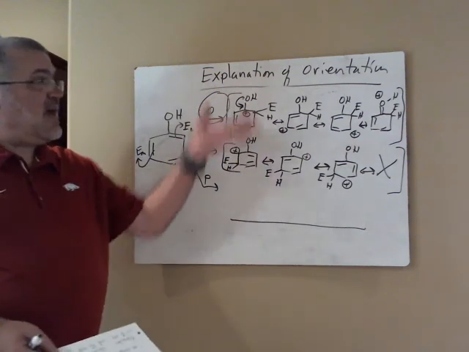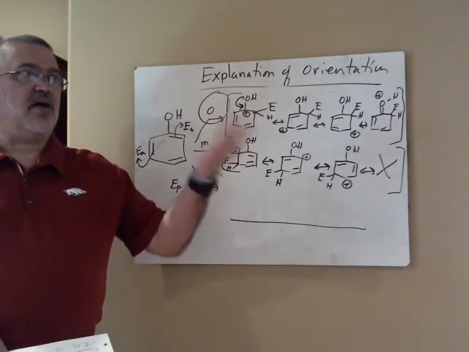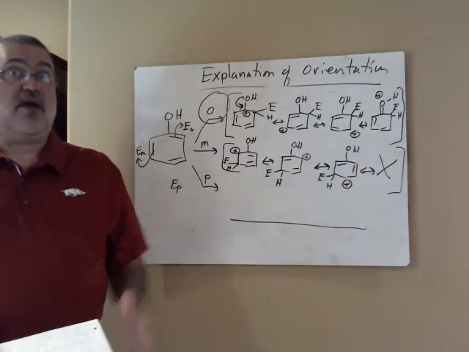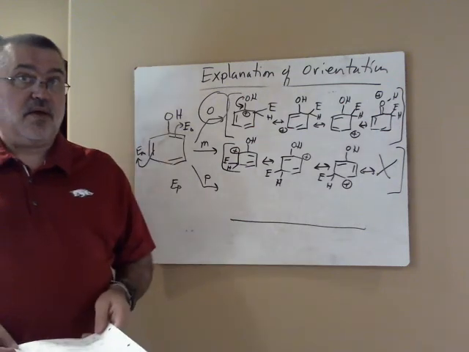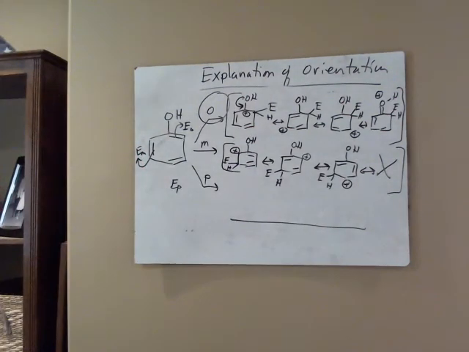Okay, so that explains the orientation for the activating groups, both the alkyl and then the resonance donators. That's why they orient ortho and para. So the next thing we need to talk about is the case of meta directors.